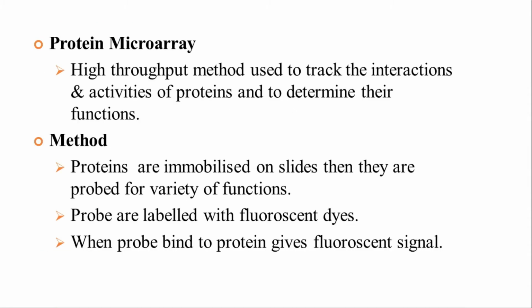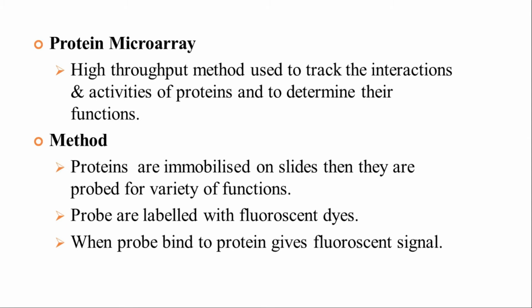Next is the protein microarray, a high-throughput method used to track the interactions and activities of proteins and to determine their functions. The proteins are immobilized on sites, then probed for a variety of functions. Initially we immobilize the proteins, and you know the technique of immobilization.